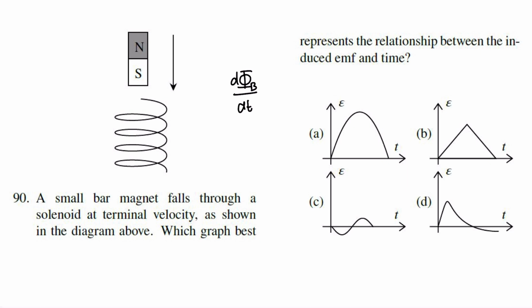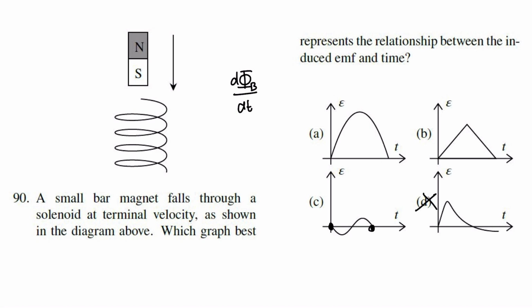Thinking about it conceptually, before it enters the coil, the magnetic flux is 0. The change in magnetic flux is also 0 right at the instant when it starts falling, and the same thing once it is completely out of the coil. So it has to start and end at 0. Just from there, we know D is not an option.